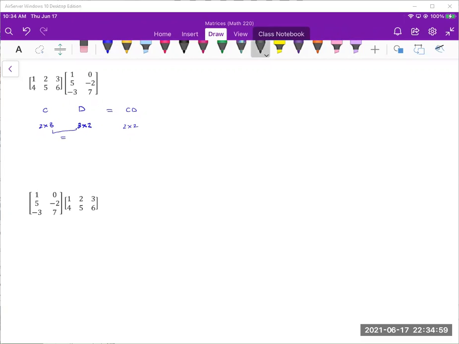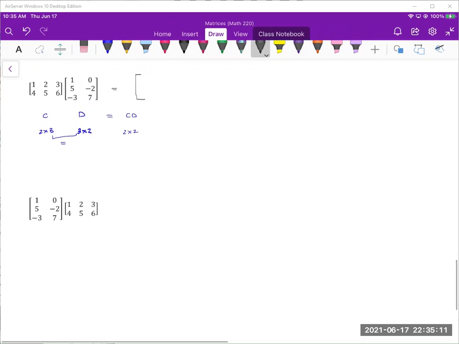Alrighty, so let's try this out. Let's try and do this work all in one place. We're going to begin by working on the first column. So we're going to be taking the matrix C and multiplying by this vector 1, 5, -3.